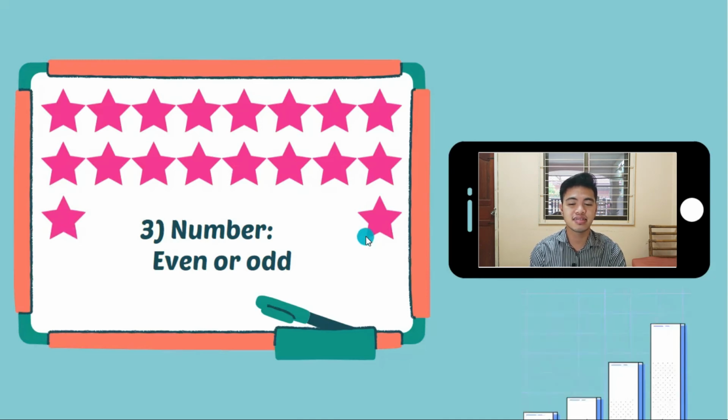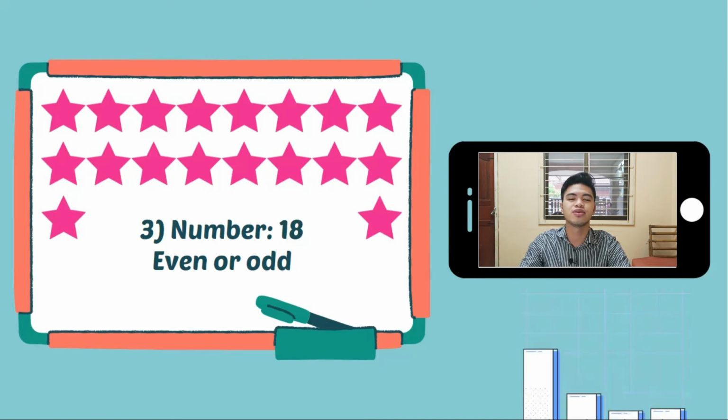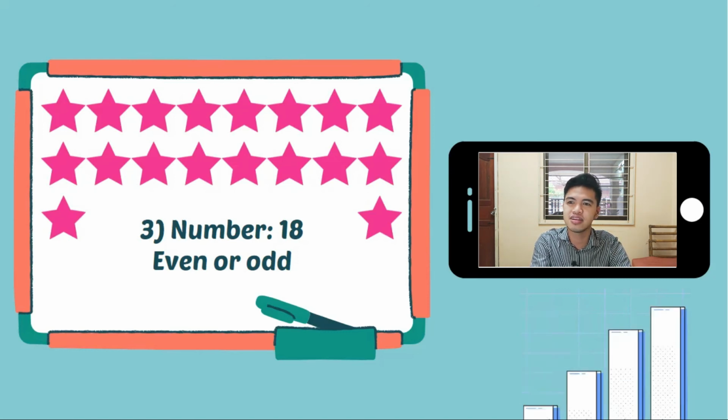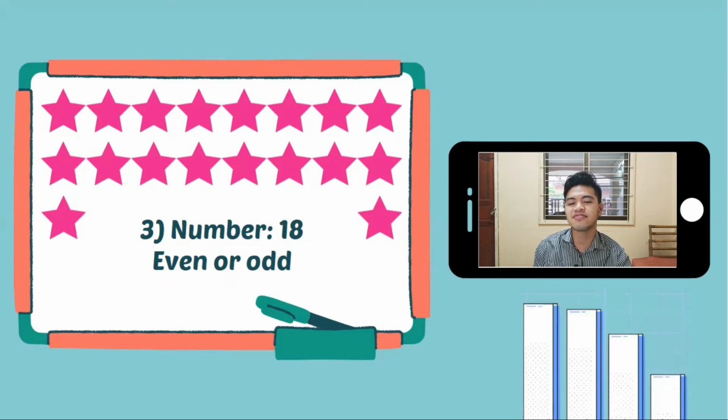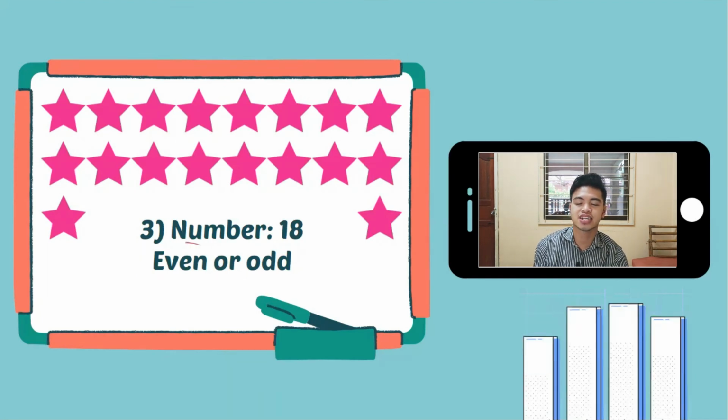There are 18 stars, so we're going to write on our book the number 18. And then we're going to decide what is this number. Is it even or odd? So let's divide 18 by 2. When we divide 18 by 2, it will be 9. Okay? And there's no remainder. Therefore, 18 is an even number. So let's write even on our book. Okay? Alright, so that is the last part of that section.